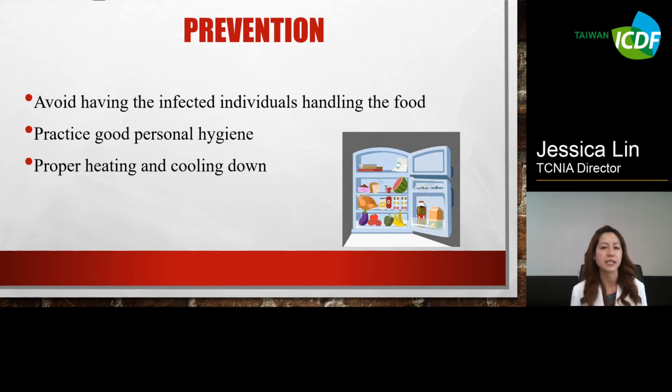They should just call in sick and stay at home. You also want to make sure the person handling the food practices good personal hygiene, and proper heating and cooling is another way of preventing food contamination by Staphylococcus aureus.